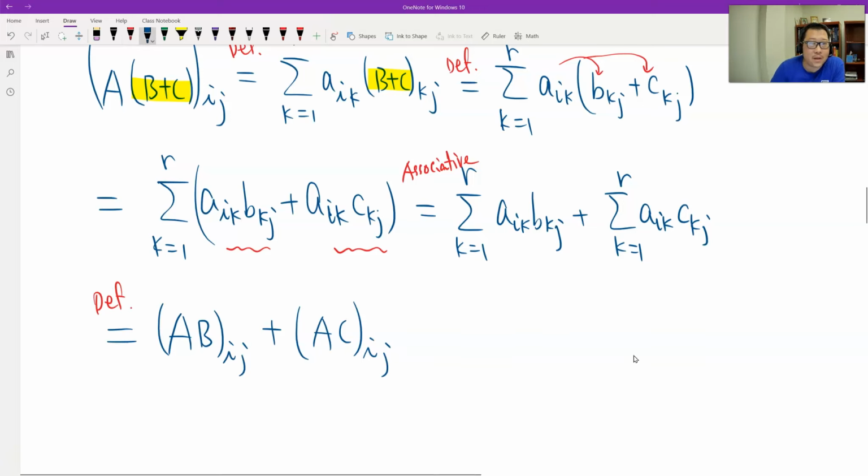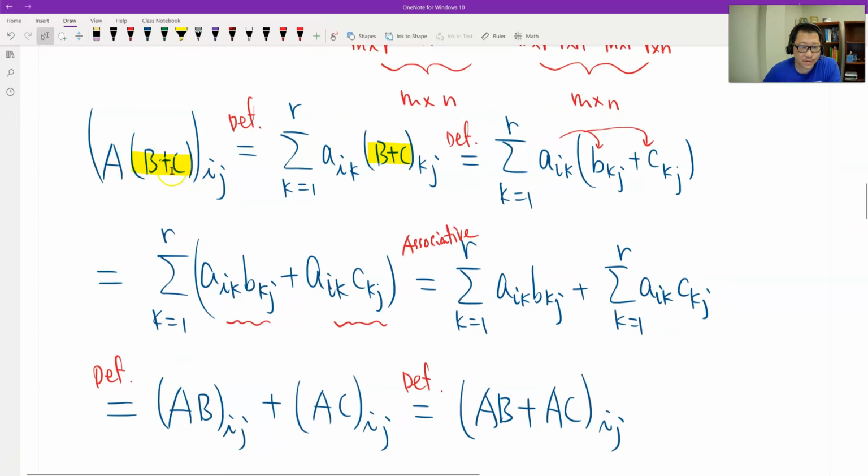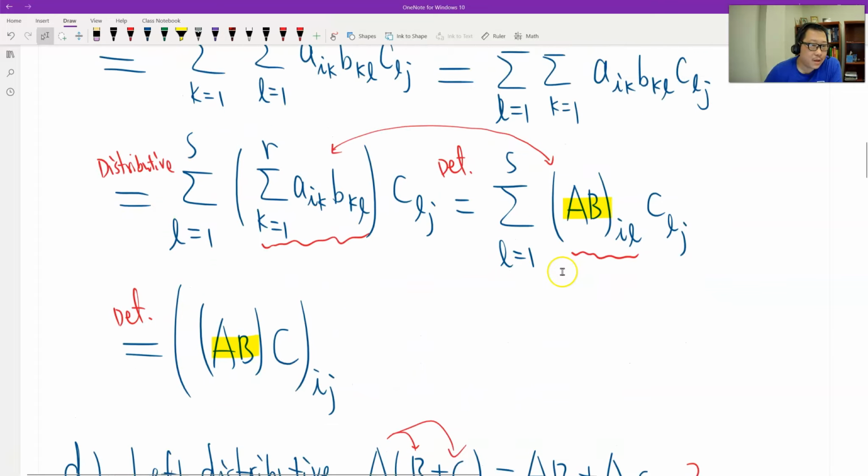And then by the definition of addition, this is exactly A times B plus A times C at ij. Is this the proof? Yeah, definitely. So A can distribute to B and C, and that is the proof for distributivity.